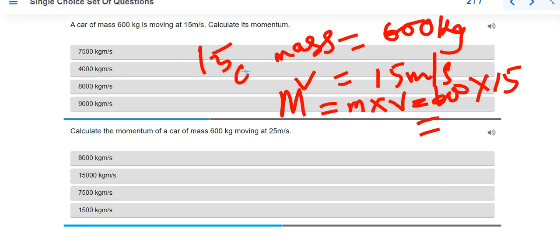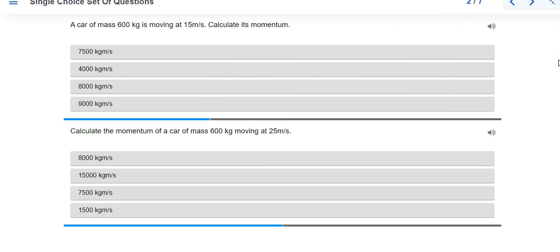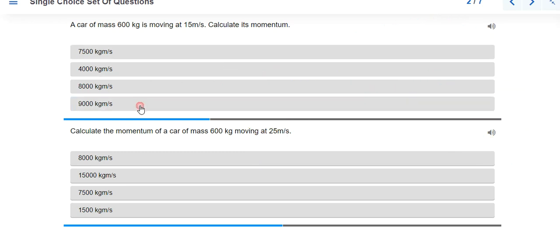Let's check 15 times 6. That's 60 plus 30. That's 90. That will give us 9,000 kilogram meter per second. Then, do we have it as part of our options? Yes, we do. Let's check it. That's correct.